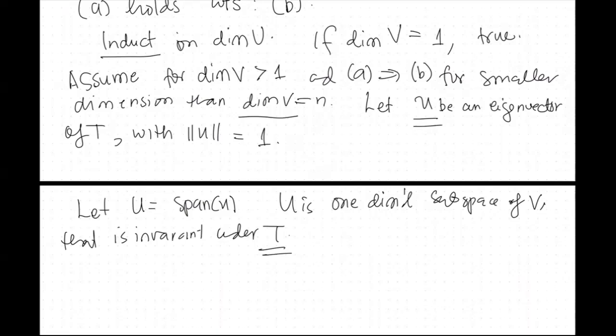So U is a subspace, so smaller dimension. By our inductive hypothesis, by our previous result, T restricted to the orthogonal complement is a self-adjoint operator on U perp.